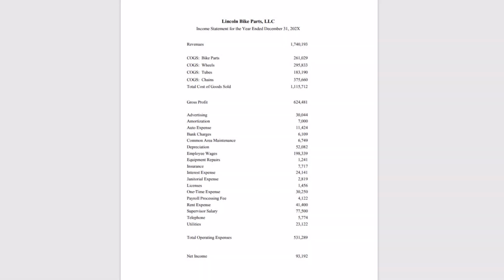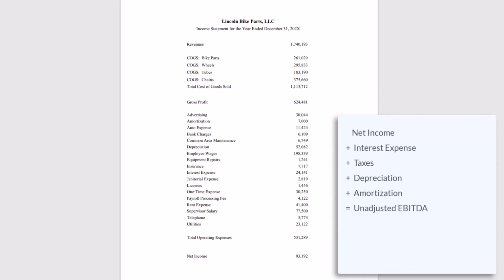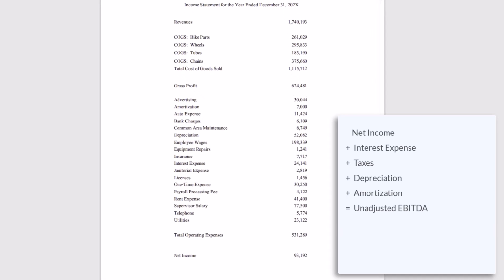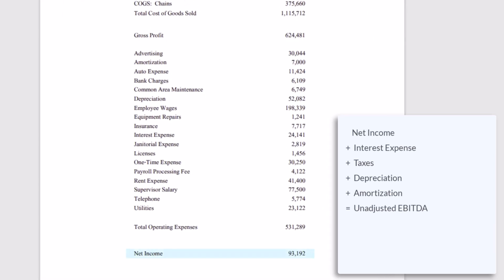All right, so we're back in the Lincoln Bike Parts P&L, and this time we're going to use a bottom-up approach to calculate EBITDA. Now remember, the bottom-up approach follows the EBITDA acronym, so we have earnings plus interest plus taxes plus depreciation and amortization. So we're going to start out this calculation with net income of $93,192, and then we'll add in interest expense of $24,141.